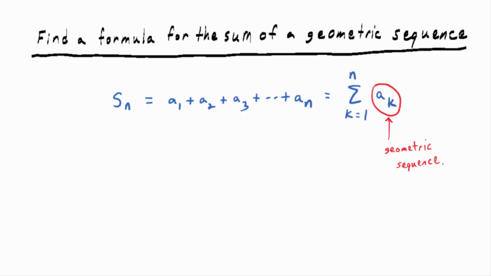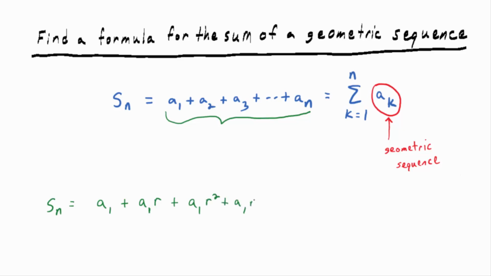So if you write out Sn using the nth term formula that we just developed, you get A1 plus, really you can think recursively here, the second term is A1 times R. The third term is A1 times R squared.